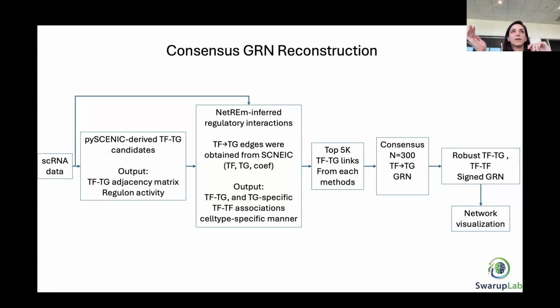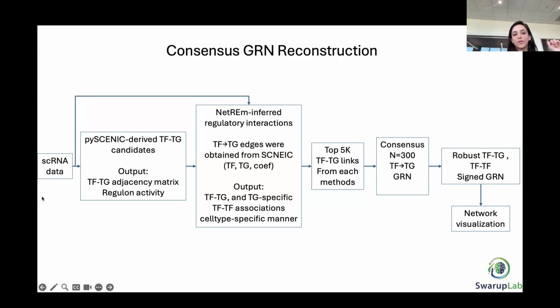If you remember, pySCENIC does give a TFTG adjacency matrix by which we then determine the regulon, and the next steps were specific to pySCENIC. But we have to run pySCENIC just to get the TFTG candidates, which we then feed into NetREm as one of the inputs, to make the networks a little bit more consistent or more robust.